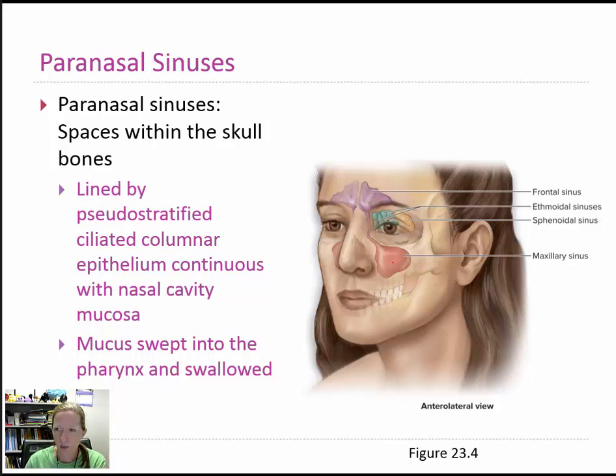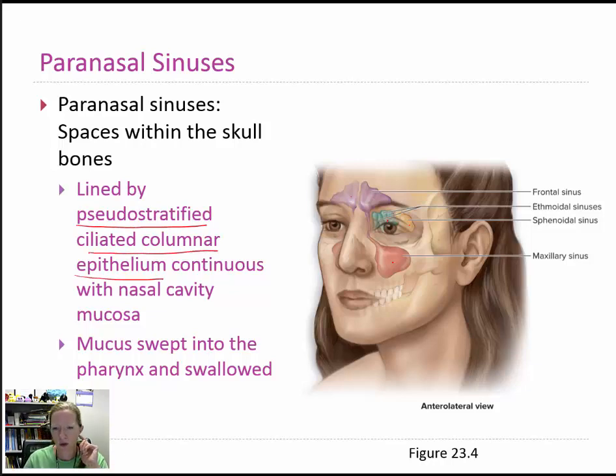You'll still have it to where these are filled with space, with air. So that helps lighten the skull a little bit. Another thing that it does is help with the whole conditioning process as well, since you still have that, say it with me, pseudostratified ciliated columnar epithelium that's going to line it.